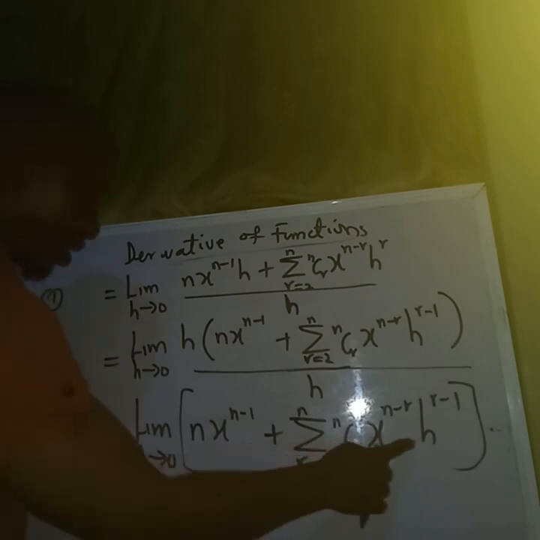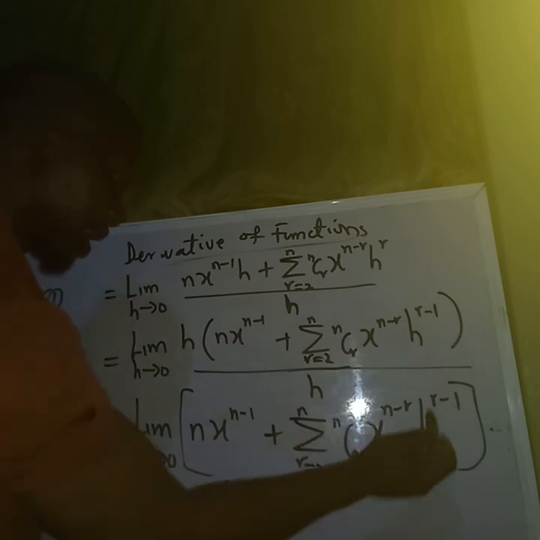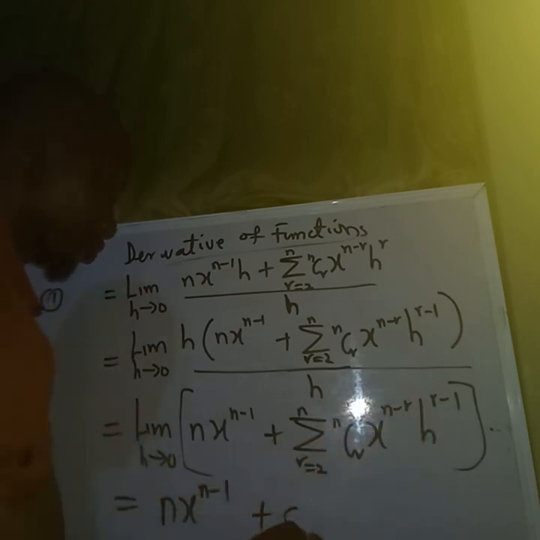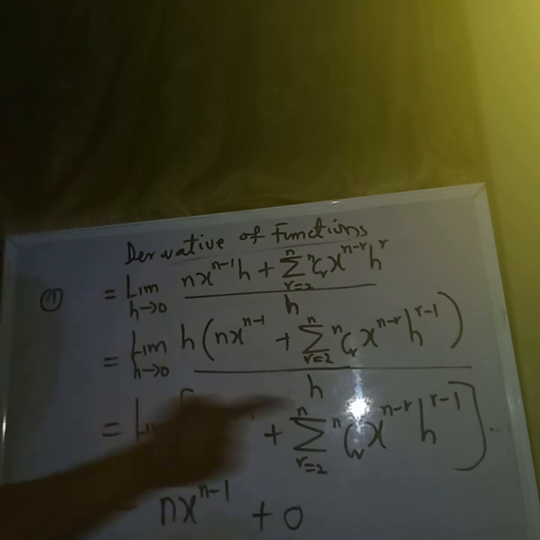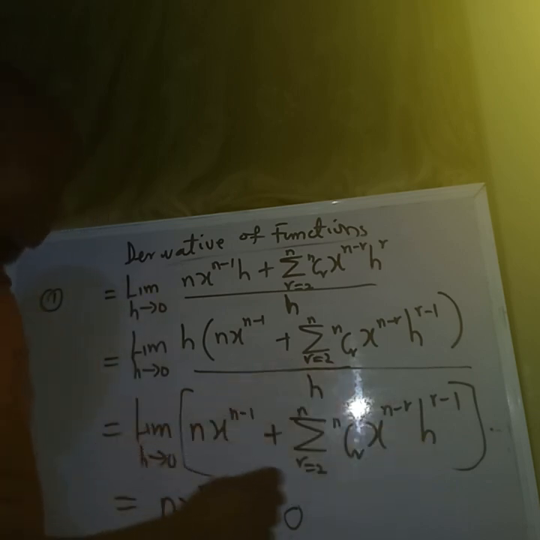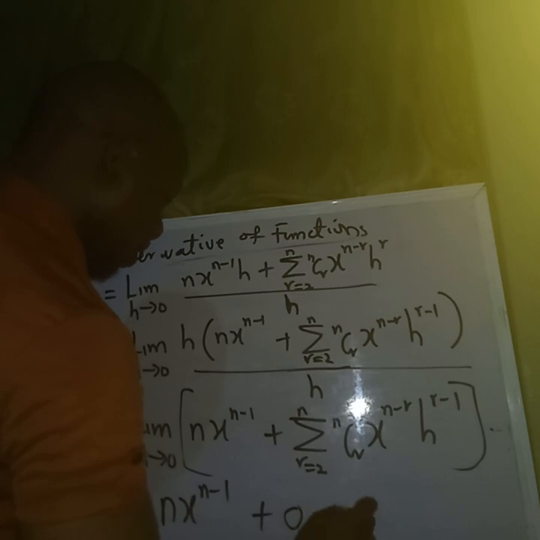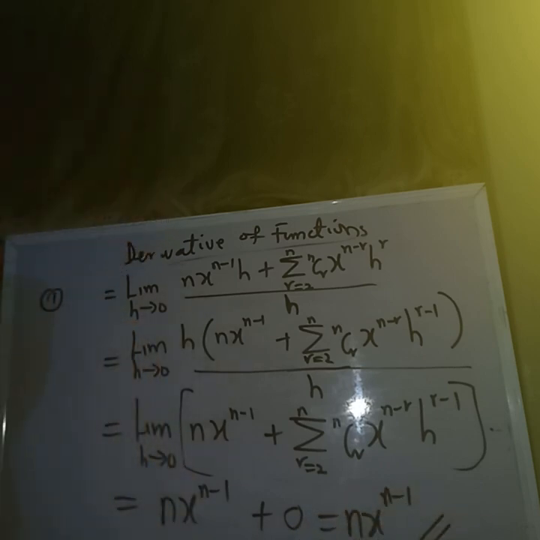If you substitute 0 here, this will make the entire series 0, because of this h. And eventually this will be n x to the power of n minus 1. Therefore, the slope of the polynomial x^n is nothing but n x raised to the power of n minus 1.